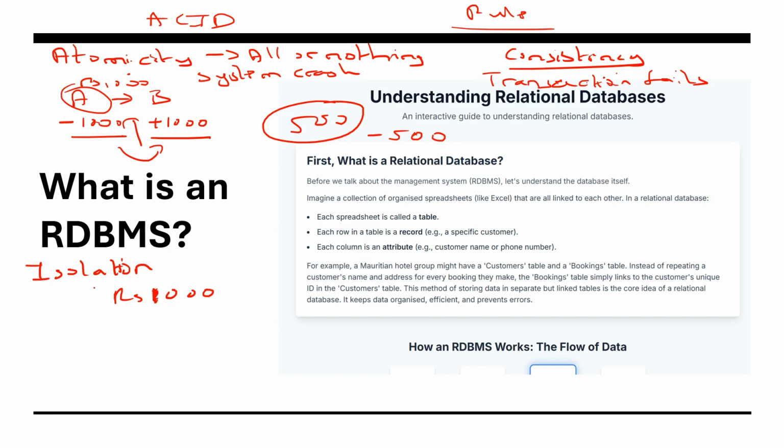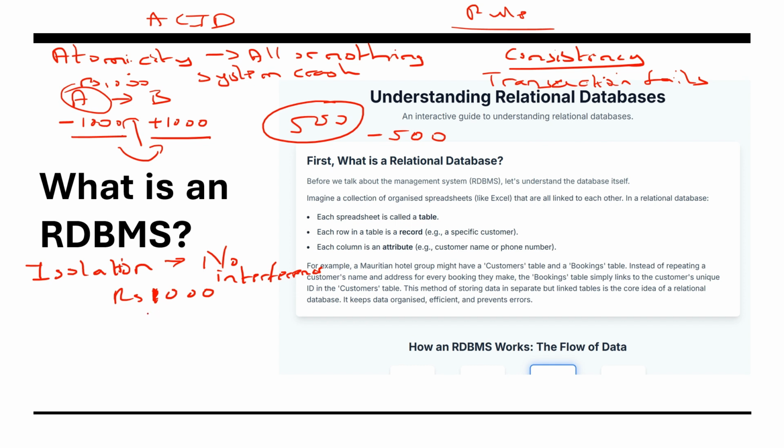What happens here? The concept of isolation means that there is no interference. What do I mean by no interference? It means that even if me and my wife both made the transfer at exactly the same time from the same account, isolation will ensure that these two actions, my transfer and that of my wife, do not mess with each other.